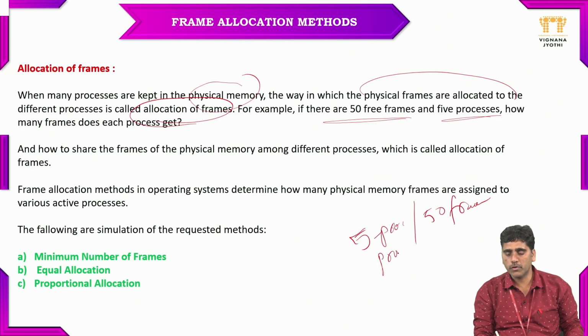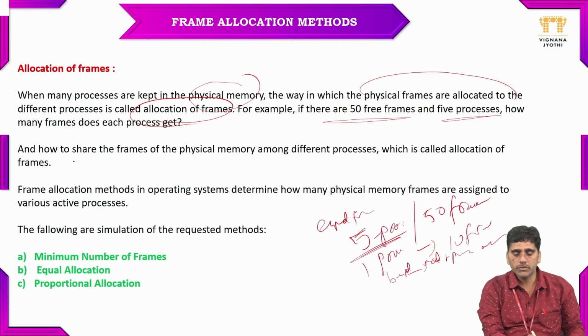For each process, we may allocate 10 frames, or else, based on the need of the process, we can allocate a number of frames, or we can allocate an equal number of frames to each and every process.